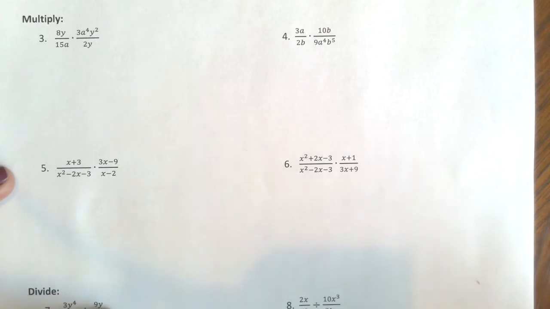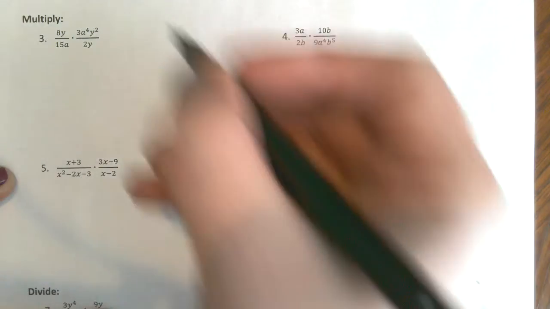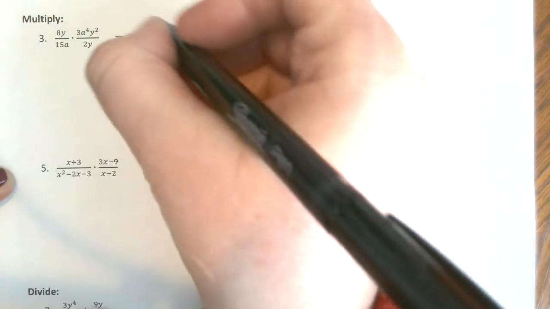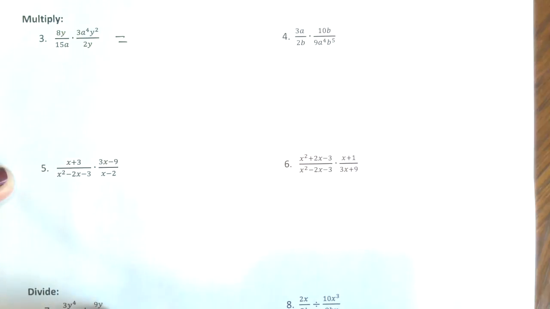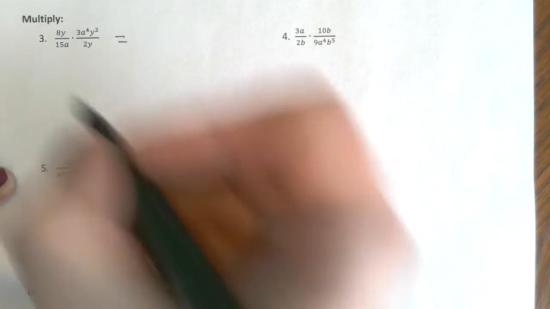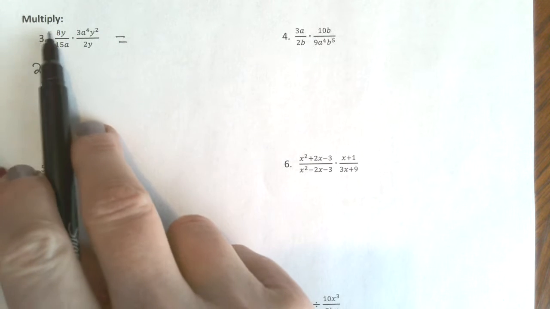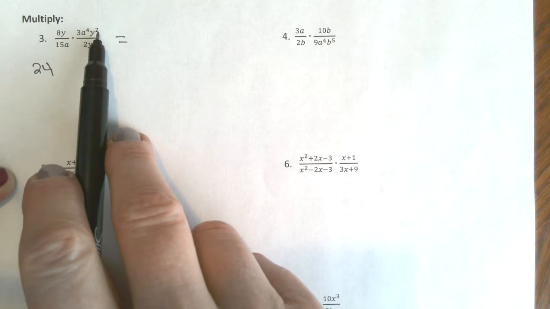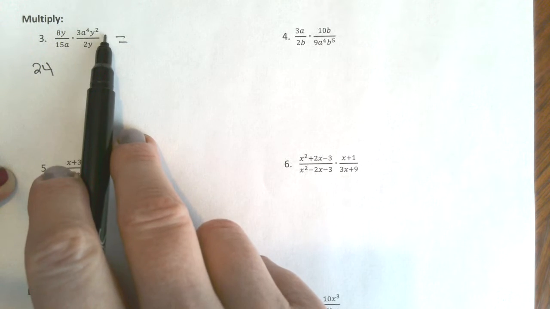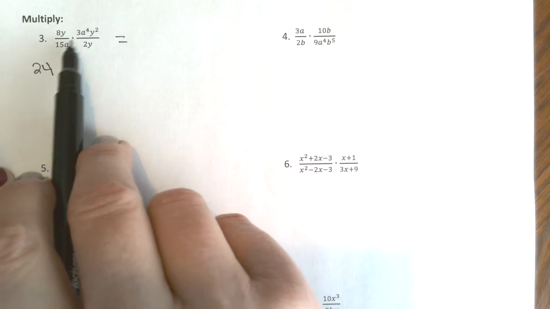All right, number 3. Now we're going to multiply. We multiply our fractions straight across. So when I multiply my numbers together, I get 8 times 3 is 24. And across the numerator, I'm going to multiply my variables. And when I do that, I add the exponents. And I'm also going to go in alphabetical order.